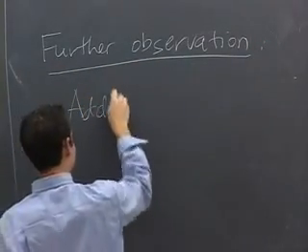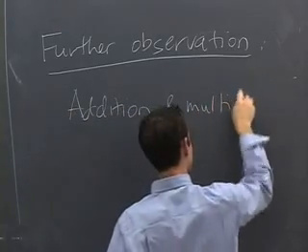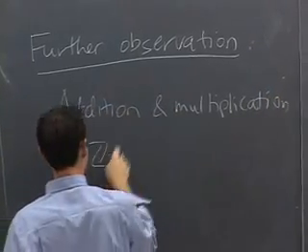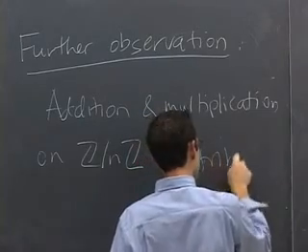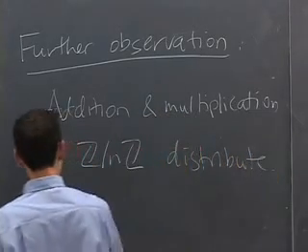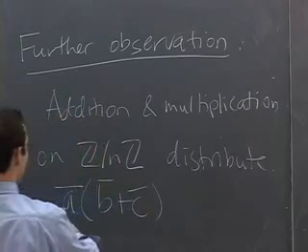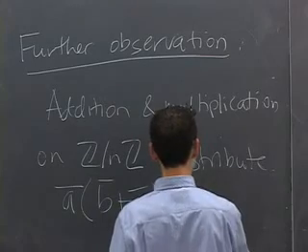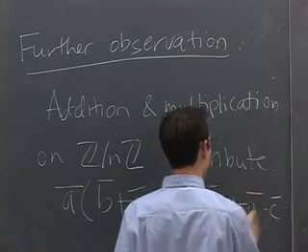The addition and multiplication on Z mod nZ distribute in the precise sense that if I multiply a bar times b bar plus c bar, then this thing is the same as a bar b bar plus a bar c bar.